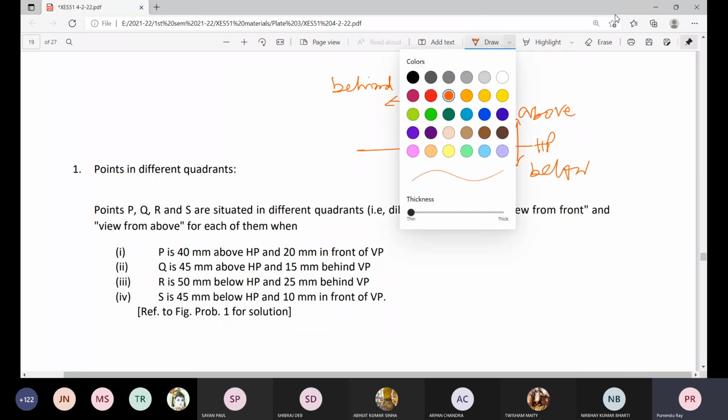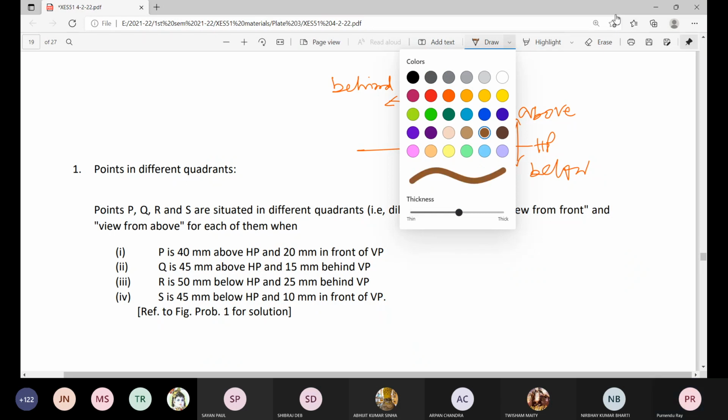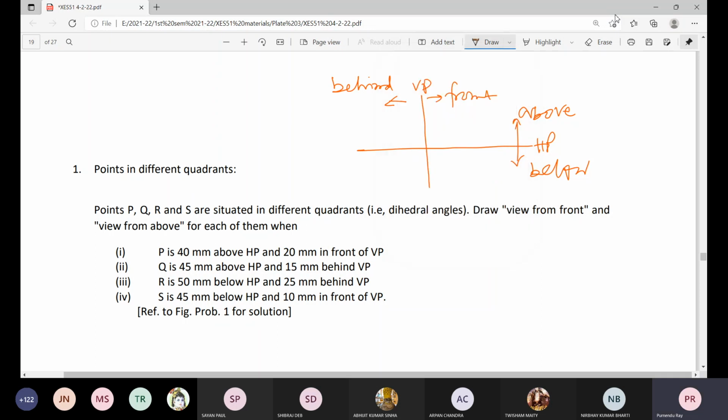So the point P is placed in the first quadrant from this description. Q is above HP and behind VP. R is below HP and behind VP. And S is below HP and in front of VP.